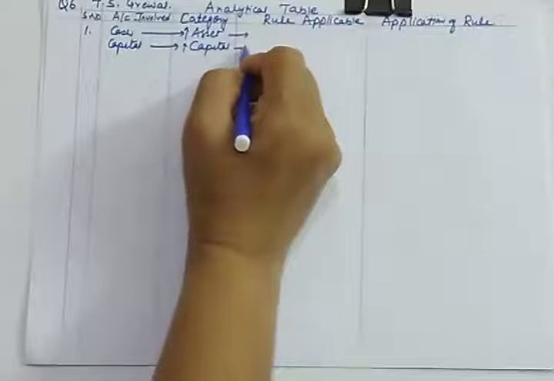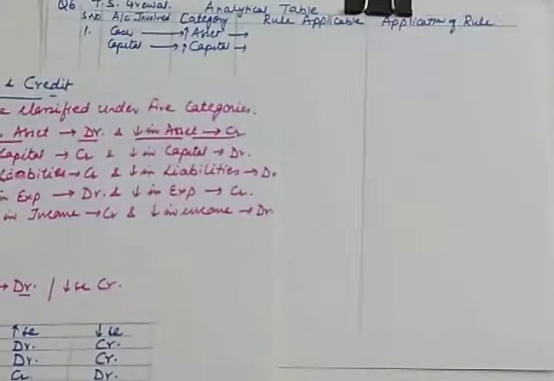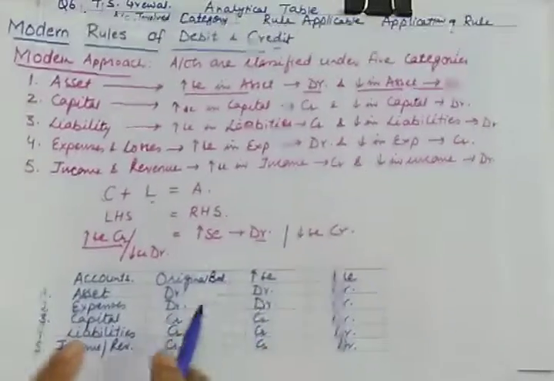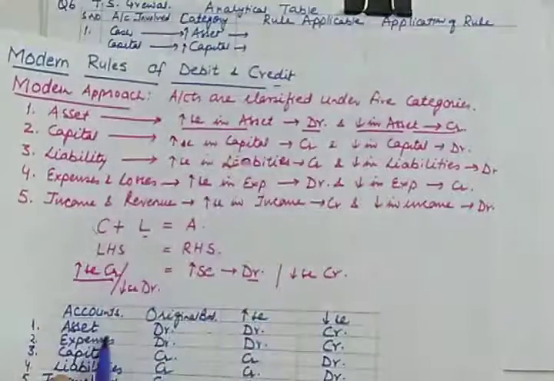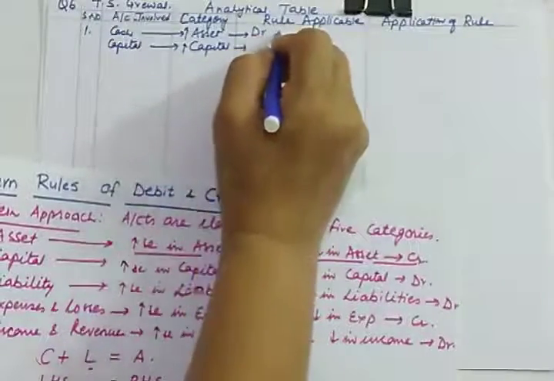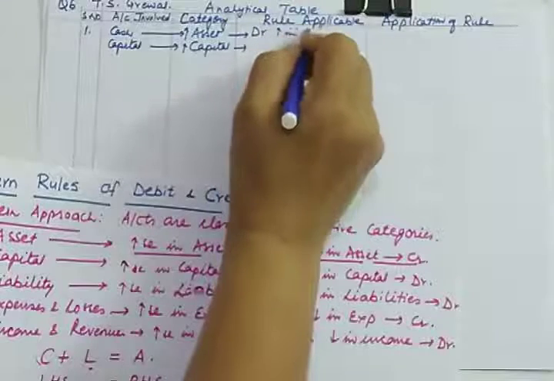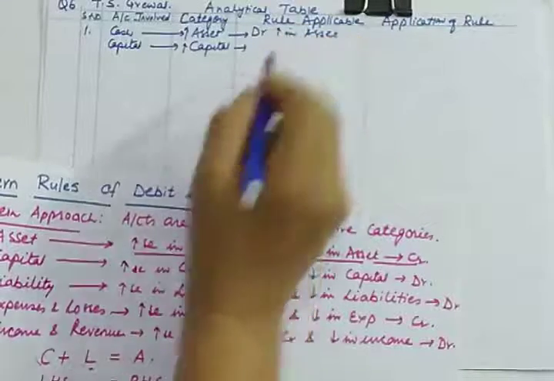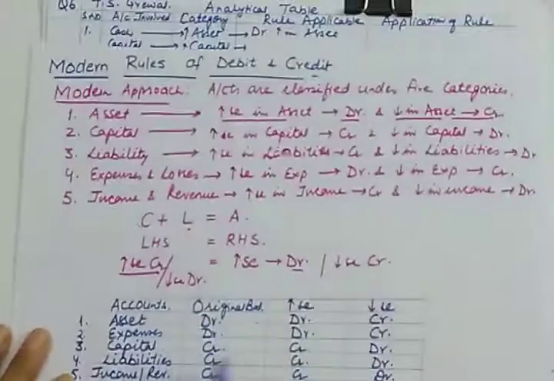So which rule will be applicable? You know that in modern approach you are having 2 rules for each category. So which rule you will be applying for asset? Asset increase means debit increase in asset. And here capital, what is happening to capital?